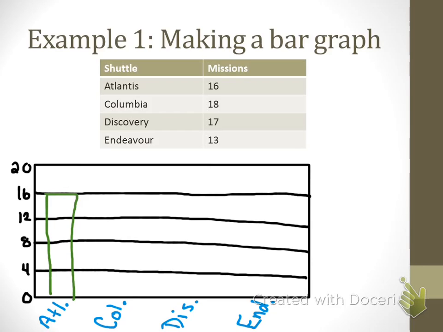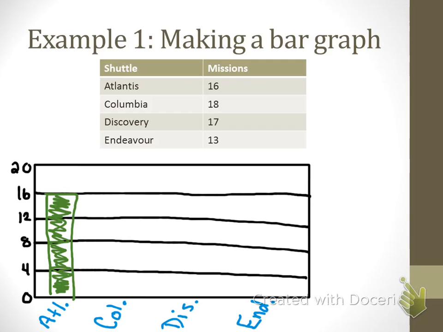And notice that my bar is directly above the Atlantis. So it's very clear that I'm graphing the number of missions that the Atlantis went on. Now with a bar graph, there needs to be space between each column. So I'm not going to draw them right on top of each other. I'm going to leave a little bit of space between each column.